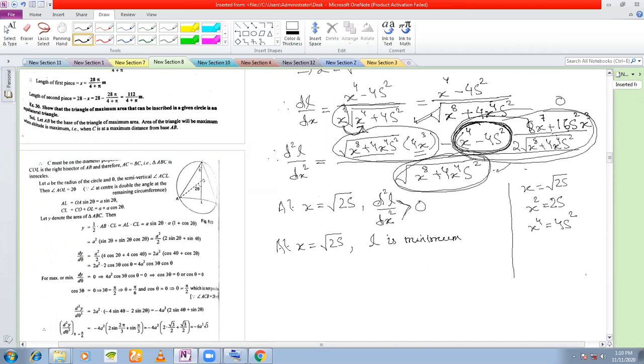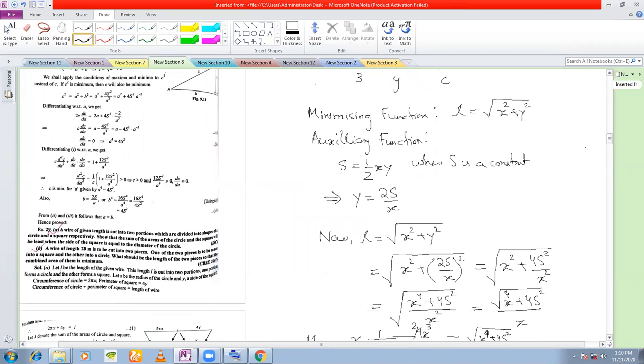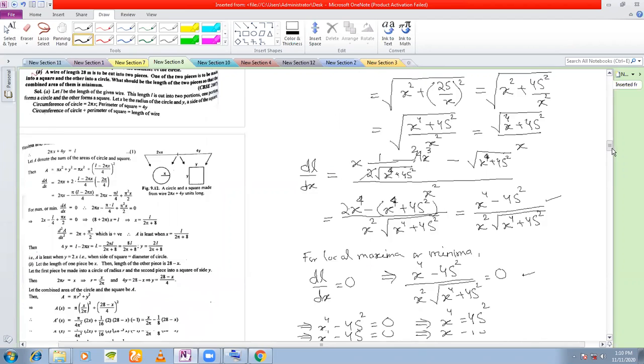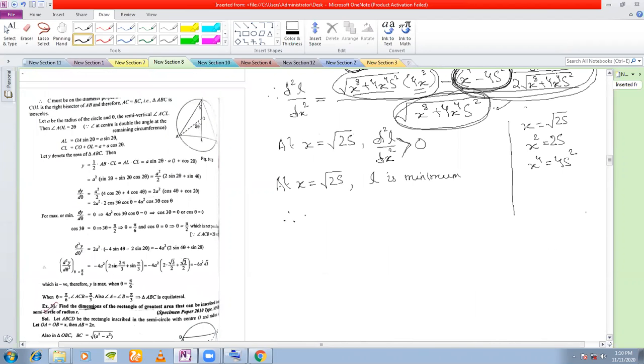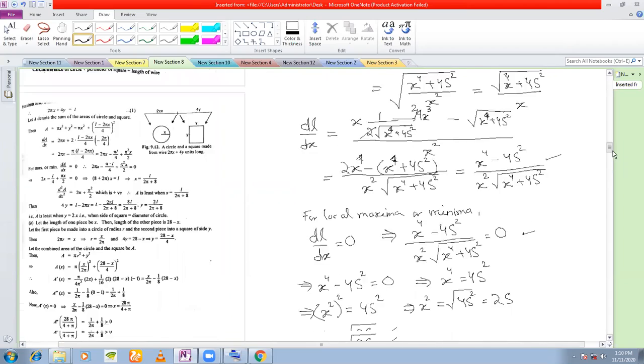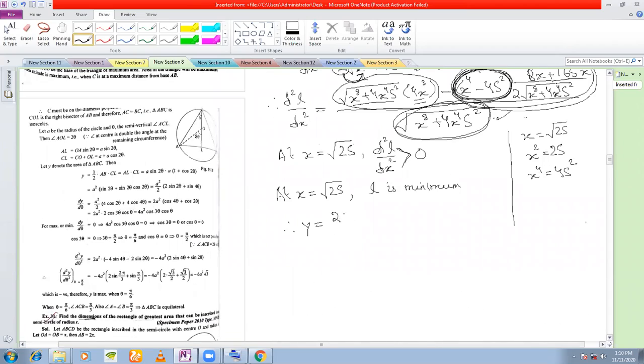Now we need to find out the corresponding value of y. How will I find the corresponding value of y? You put it here: y is equal to 2s by x in the auxiliary function. Therefore, y is equal to 2s by x, that means 2s by root 2s. Now 2s can be written as root 2s into root 2s, so this will cancel.